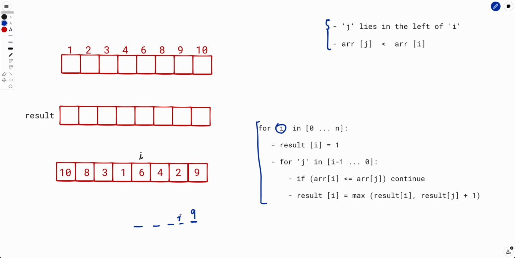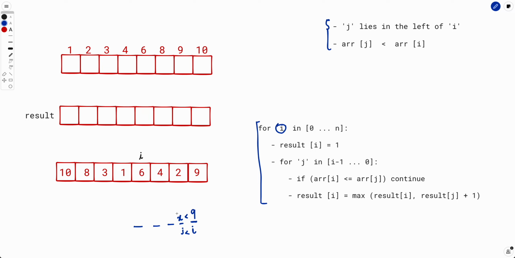the previous element of 9 would be some x, right? Now this x should be less than 9, right? Because this is a strictly increasing subsequence, and the index of this x should also be less than the index of 9, right? So let's say the index of 9 is I. So index j should also be less than I, because this is a subsequence and has to follow this condition.